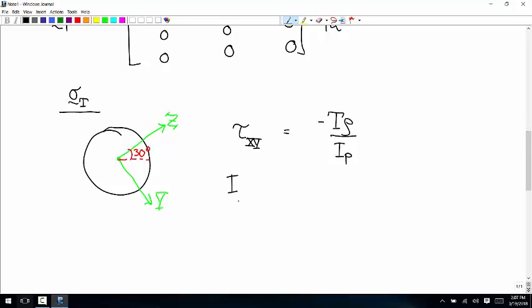The polar moment of inertia is pi over 2 times r to the fourth. Is that right? Does that look right? So can someone calculate that for r equal to 0.05? 1.0 times 10 to the minus 5.